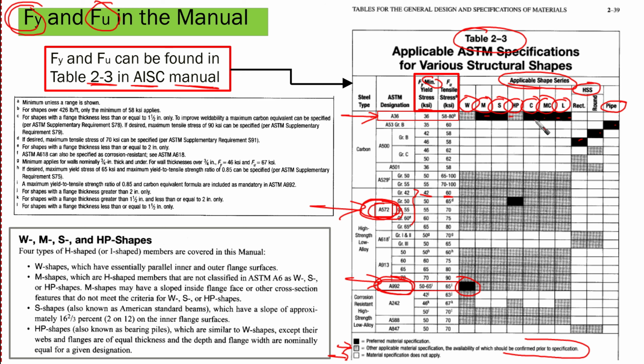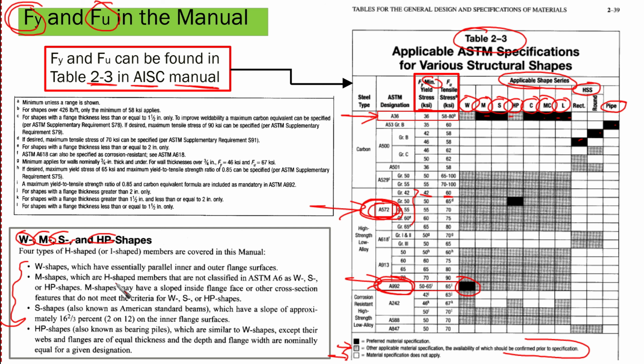So we have these three different color codings for this table that we need to understand, and from here we can get our F yield and F ultimate. These are the types of shapes that we have explained before: W, M, S, HP, and so on. You can find the designation here in general. As we mentioned in the previous video, wide flanges have essentially parallel inner and outer flange surfaces.